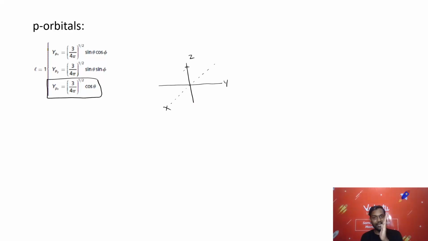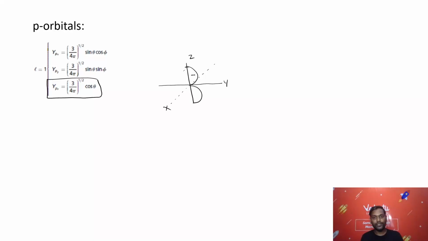When you start increasing theta from 0 to, let's say, 1 degree, 2 degrees, like that, then cos theta will start decreasing. When theta is increased from 0 to pi by 2, cos theta will decrease from 1 to 0, and this will be a graph like this. If you keep going beyond pi by 2 to pi, it will be again like this.